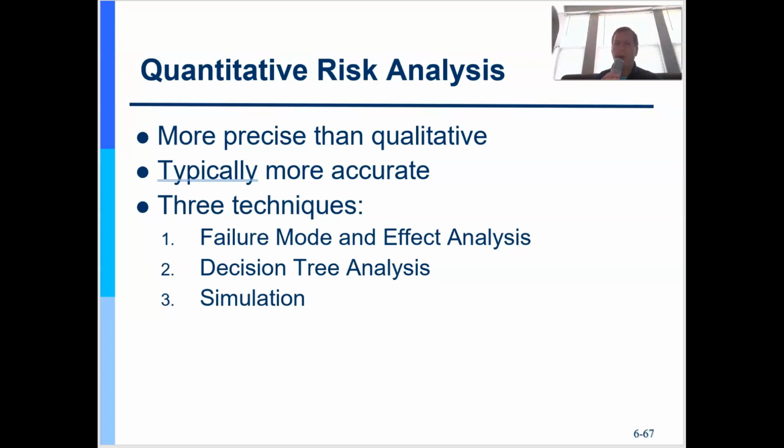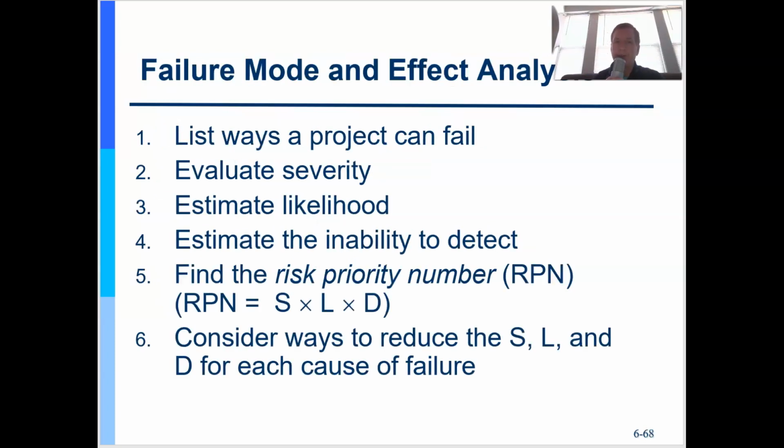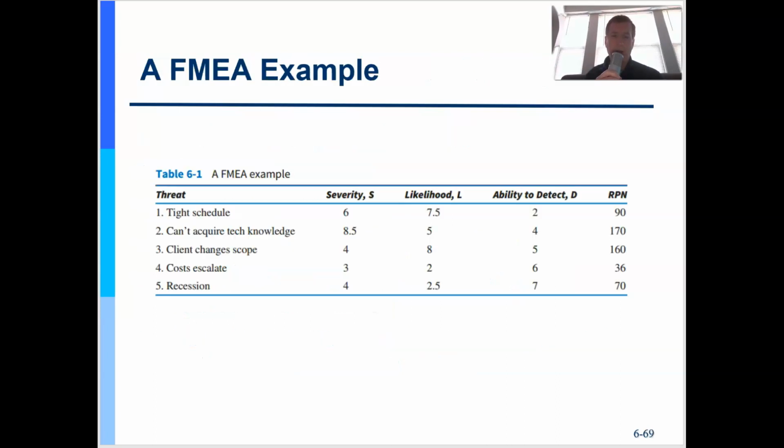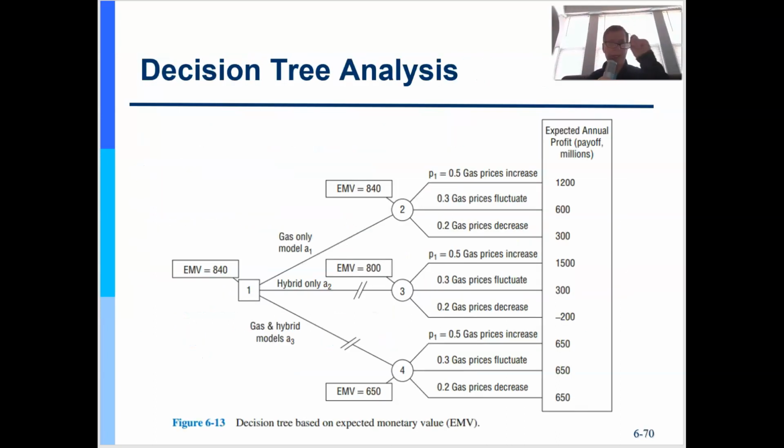So I really only want to do them for the most impactful or most likely risks. And then, of course, I could use failure mode and effect analysis, which is one approach the literature proposed to evaluate risks along the way. And they do a nice example of that in the book.